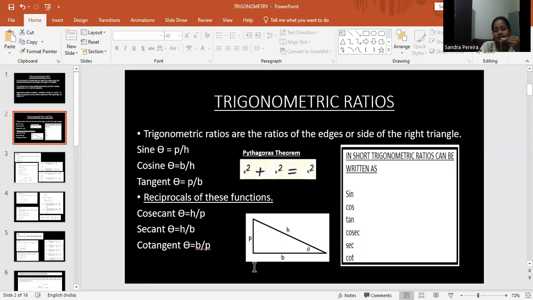According to this triangle, we know the Pythagoras theorem.